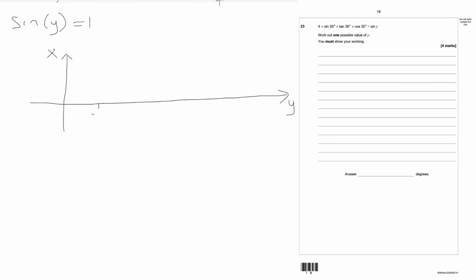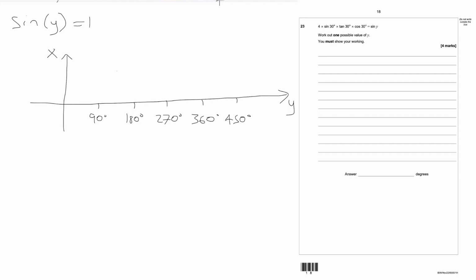So let's just put in a few values of y. So we've got our 90 degrees, 180 degrees, and we're going to go up to 450 degrees. And I also have my two x values, which are -1 and 1, or I should say my two x limits.